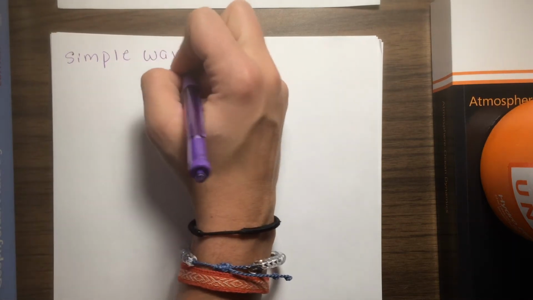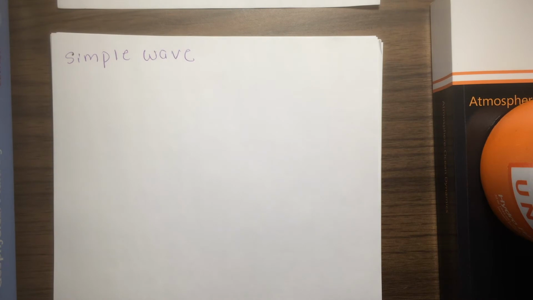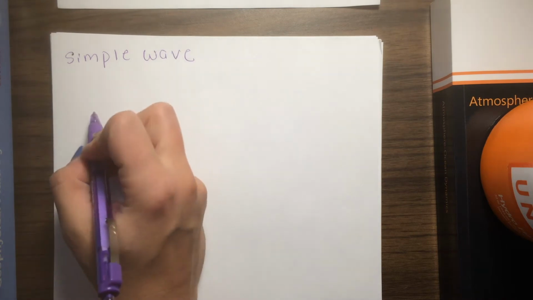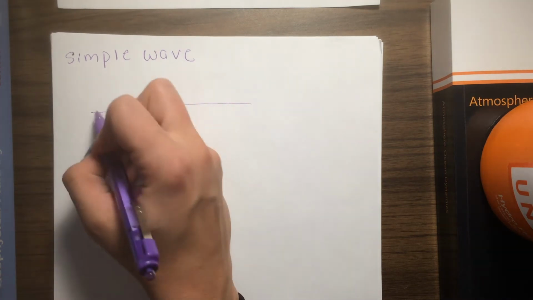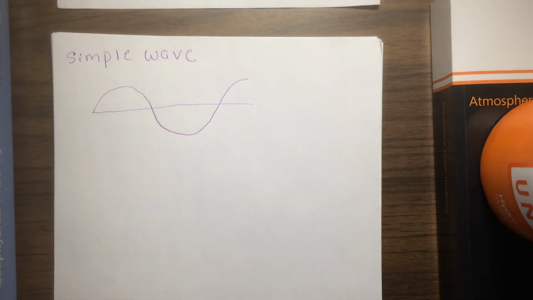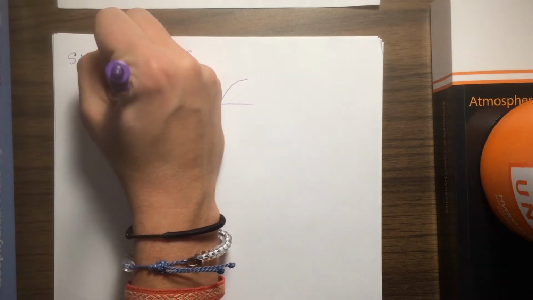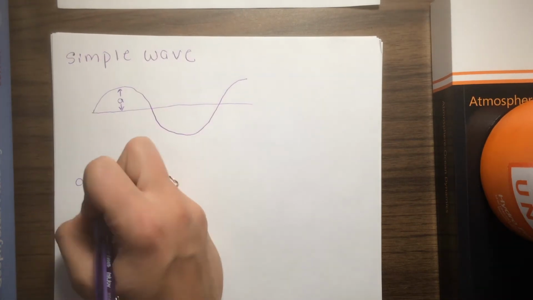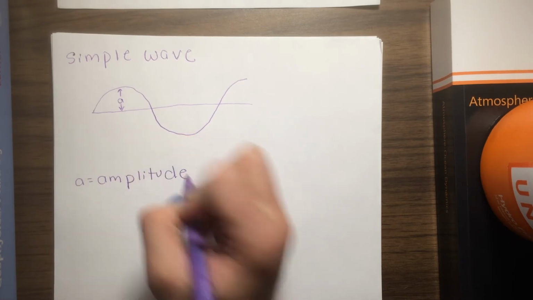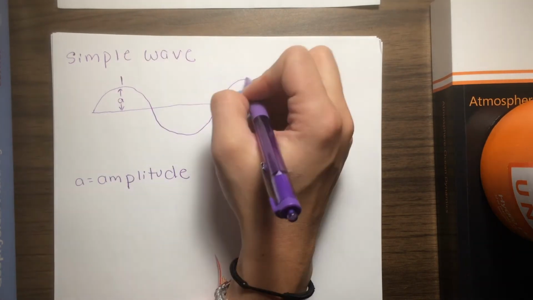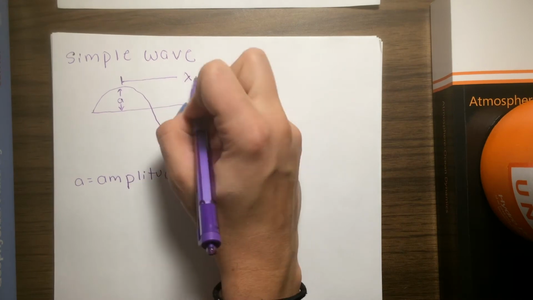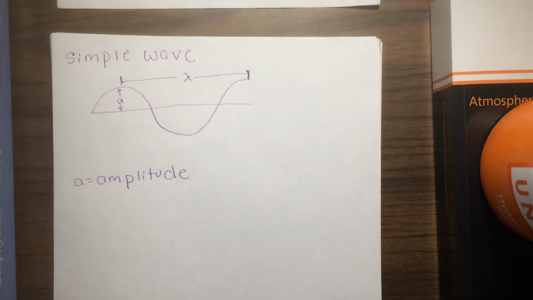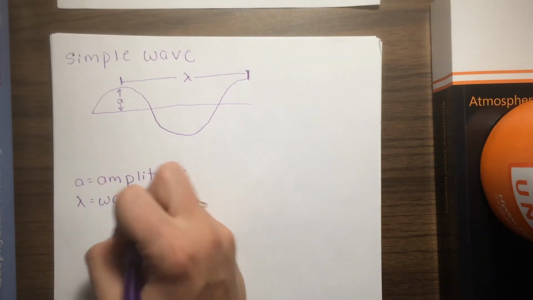Okay, so once again, we have our simple wave or our plane wave, which these are long crested waves with a sinusoidal surface shape. The distance from the mean state of rest is amplitude A. The distance from crest to crest or trough to trough is the wavelength lambda.